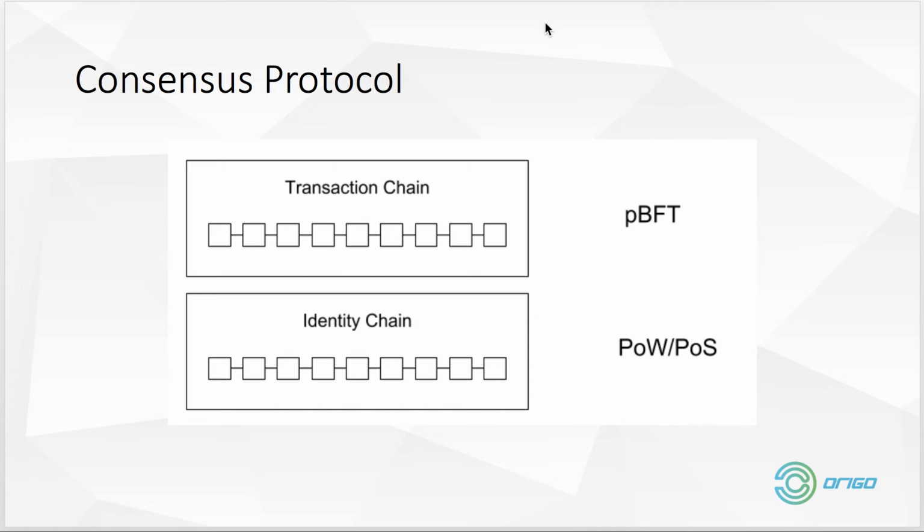So first you run a selection, a POW or a POS, you select a group of people running, and then you mine your identity to prove you are an active, strong node. Then from that active group, you randomly select some hundreds of nodes to run the PBFT.